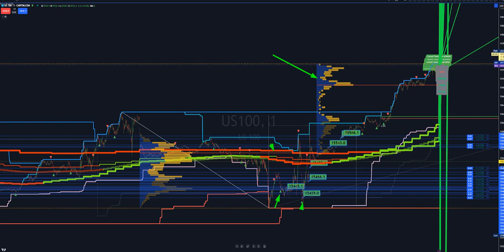As we can see, for example, on Nasdaq, after the drop down of Nasdaq, somewhere here we had the buy signals, and then we wait for the additional signal that the market is coming down. Here we could buy, and then it's up to you where to place your stop loss. And here's the confirmation that the trend will go up.